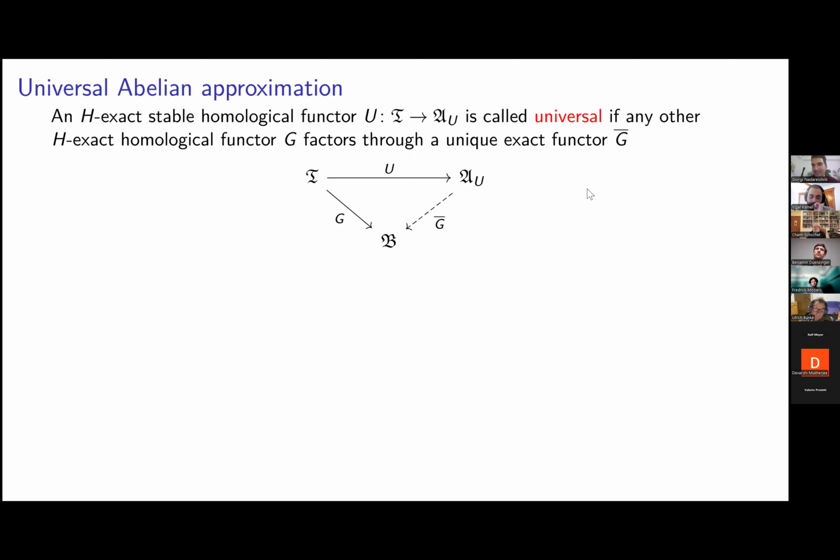Universal meaning in a classical sense, right? So if you have any other H-exact homological functor G to B, then it will factor uniquely through an exact functor G bar, meaning there exists a category AU, which is a nice abelian category, and a universal functor U, such that everything else which is H-exact will factor through here.